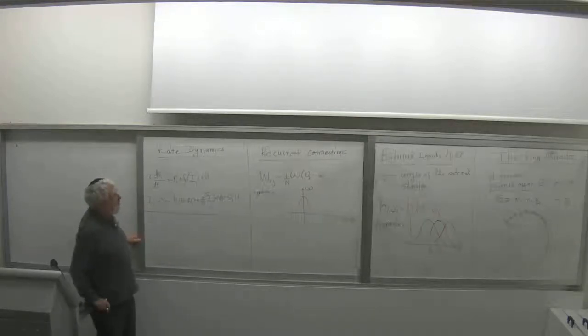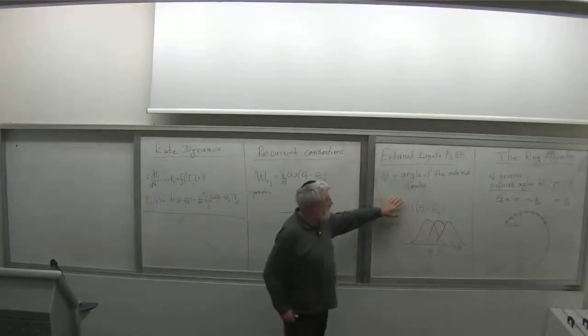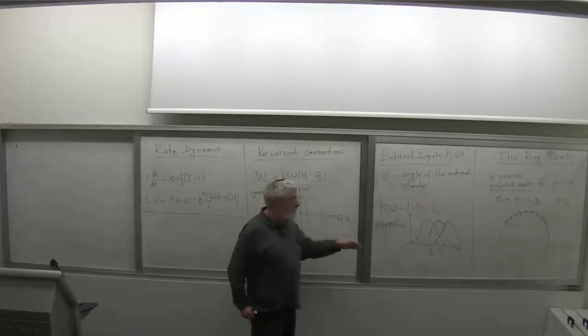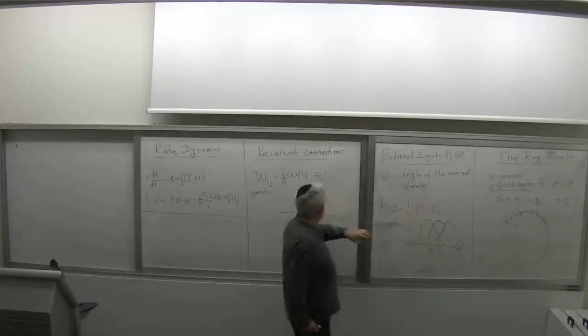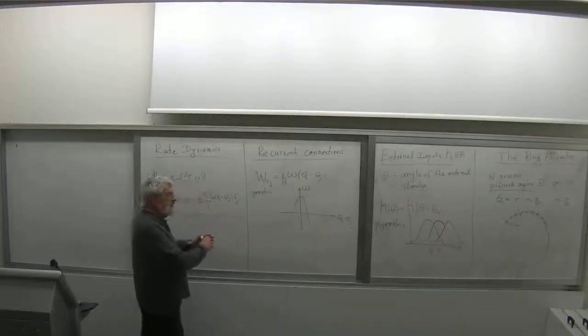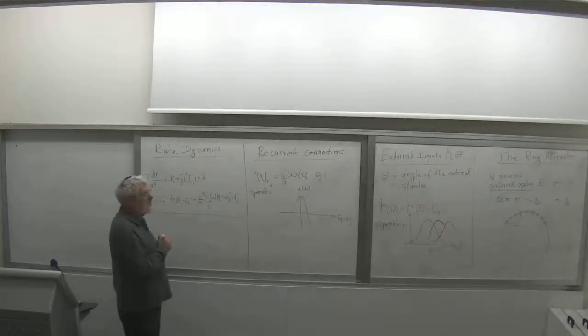So the first thing I want to do is to simplify the general structure, namely take a specific case of H and a specific case of W. Again, this is just an example to teach us the general rule, but it's a useful example.